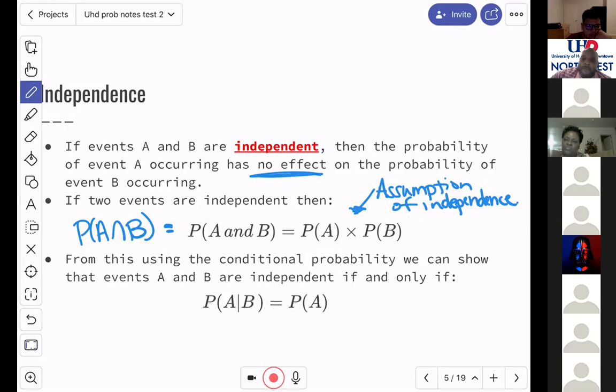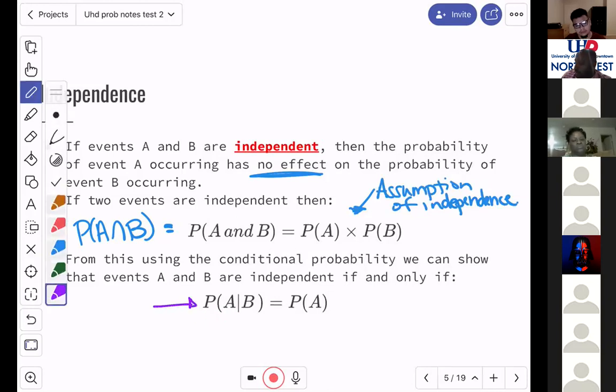All right. And so when we really want to show what we call mathematical independence, we use the conditional probability to show that. And again, this right here is the conditional probability. Here's what it says.